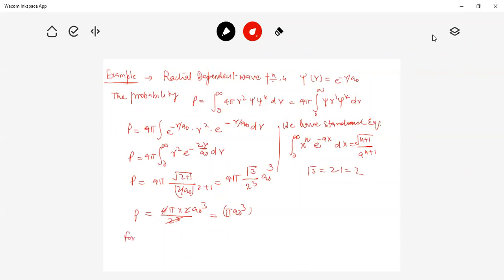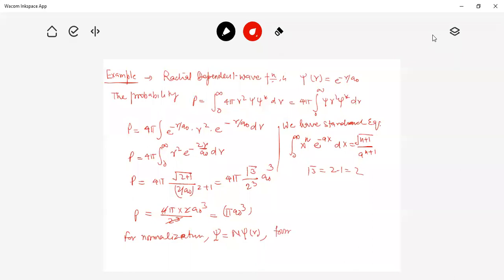For normalization, psi is N of r psi, this capital N. From normalization, psi is supposed to be this.